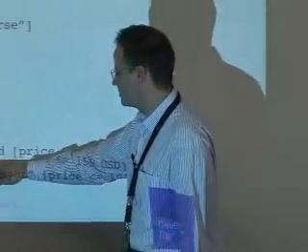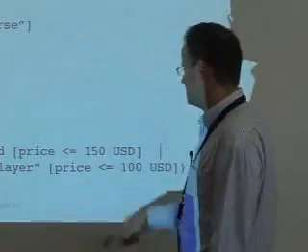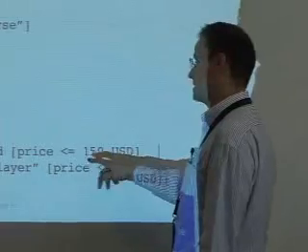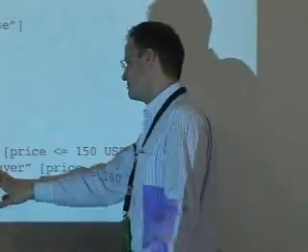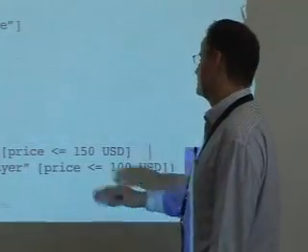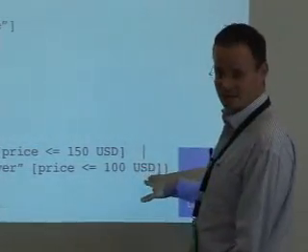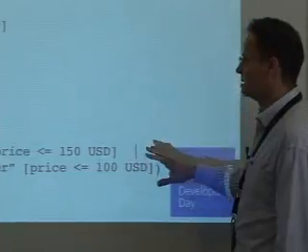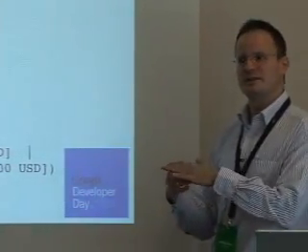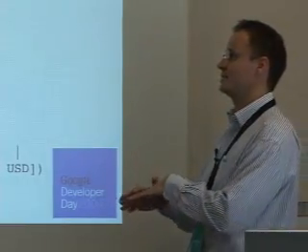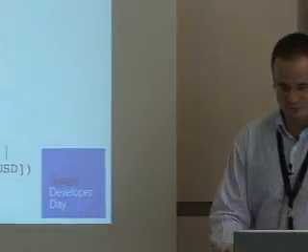Either this item contains the term iPod, in which case I'm expecting a price that is less than $150, or it's another MP3 player, and then I'm only willing to pay at most $100. So this is basically a query that shows that you can combine all these different composition operators, mix full text queries with structured queries as you want.